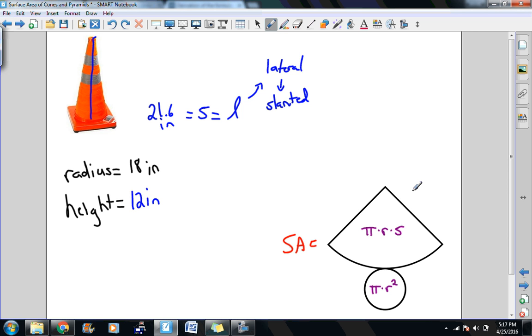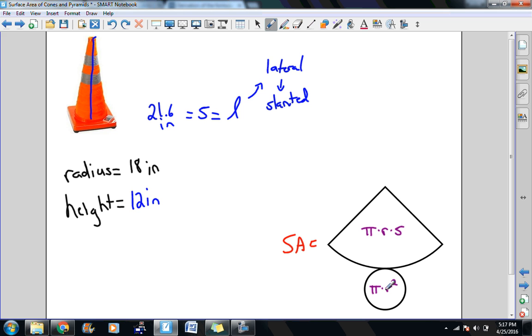There is a way to calculate how this formula is created, but I'm okay with saying that the area of this piece is pi times radius times the slanted height or lateral height. So you find that area right there, and then you do the area of the circle in the bottom, and once you add those two things together, you can find the total surface area of this shape.